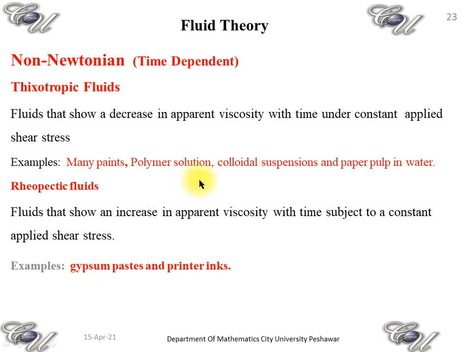These are what we have discussed in this lecture, and I hope that now if there is a fluid in front of you, you will be able to decide whether the given fluid is Newtonian or non-Newtonian, and then within the non-Newtonian whether it is a Bingham plastic fluid, a thixotropic fluid, a pseudo-plastic fluid, or a rheopectic fluid.